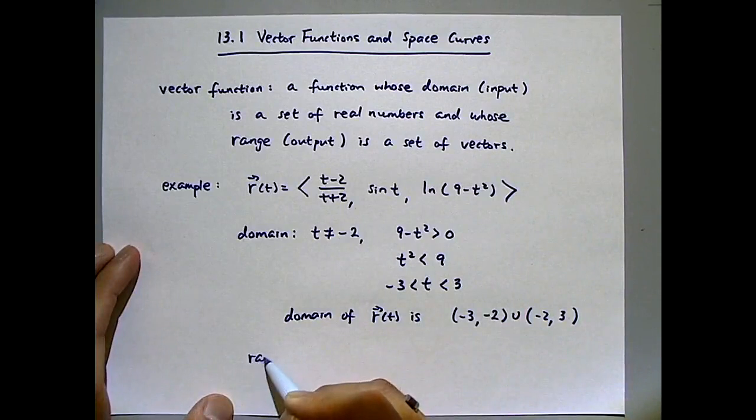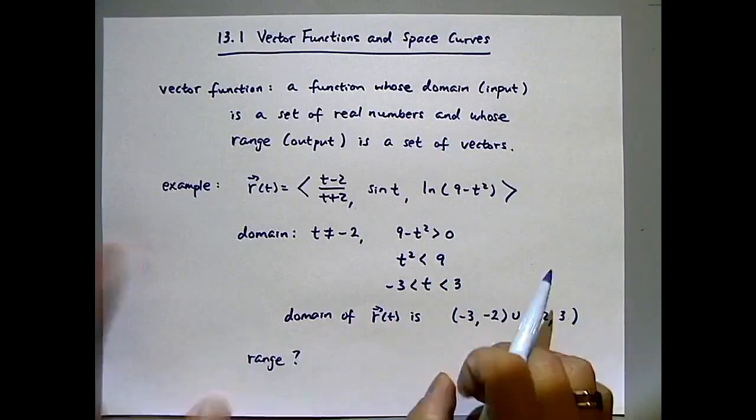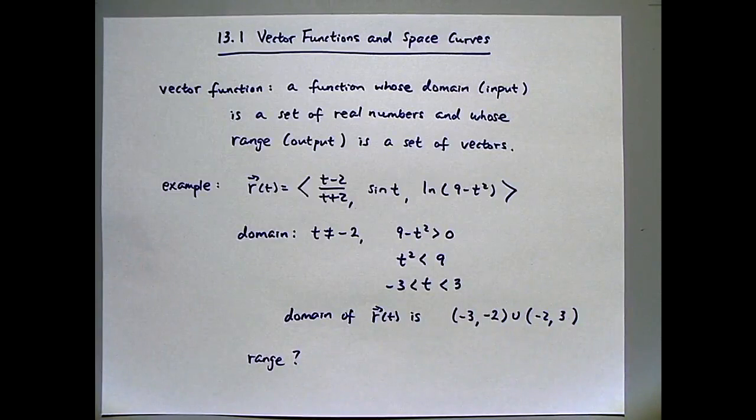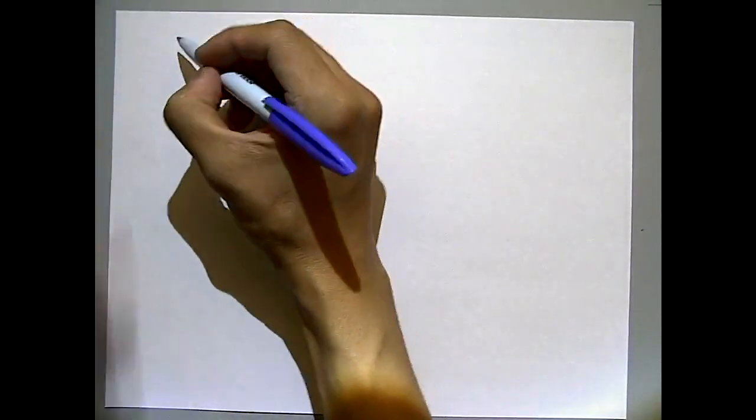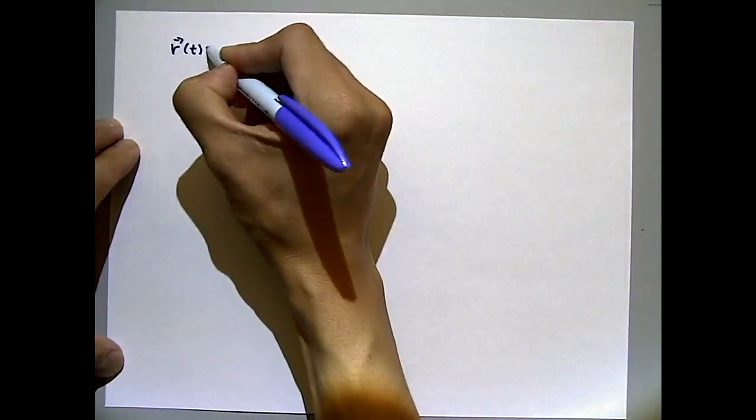What about the range of this vector function here? What do you think? Let me rewrite the function here. We'll take a look at the range.